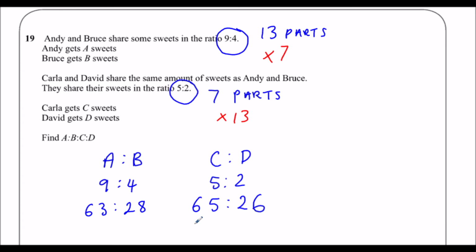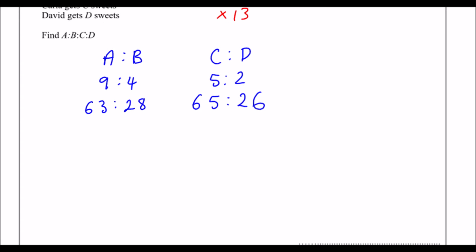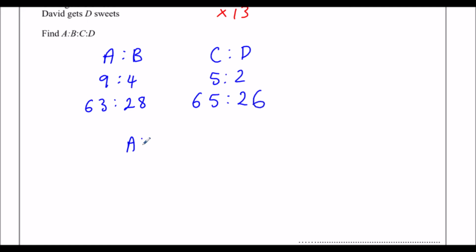So now they're both out of the same thing. They're both out of, what's that, 91? They're both out of 91. So we can put them together. So we can go A to B to C to D is 63 to 28 to 65 to 26.